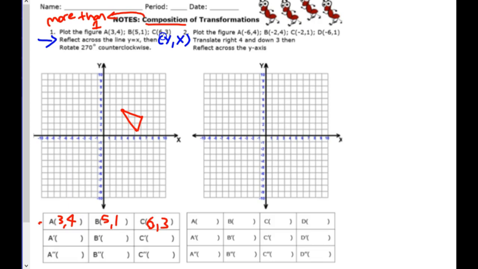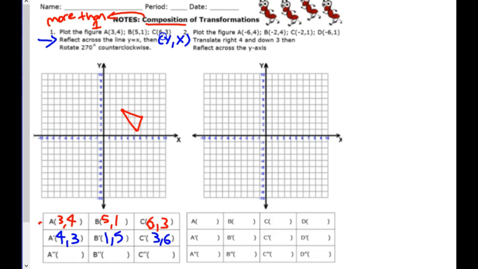We switch the order. Don't change any signs. Just switch the order. Now luckily for us, everything's organized right here. So just take those red numbers and switch them. So let's do that. A prime will be (4, 3). And then we got (1, 5). And (6, 3) becomes (3, 6). Not too hard if you know your rule, right?